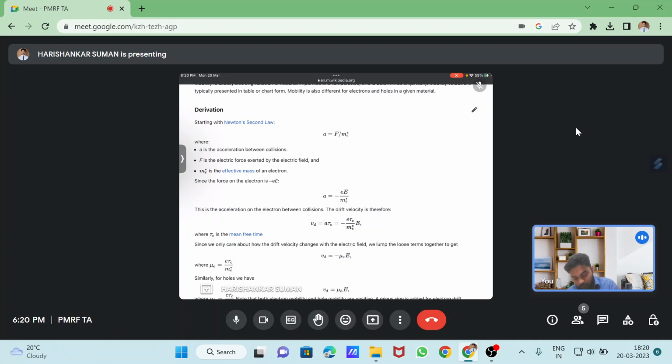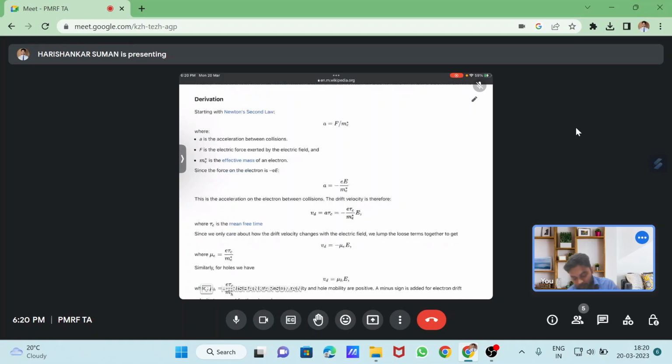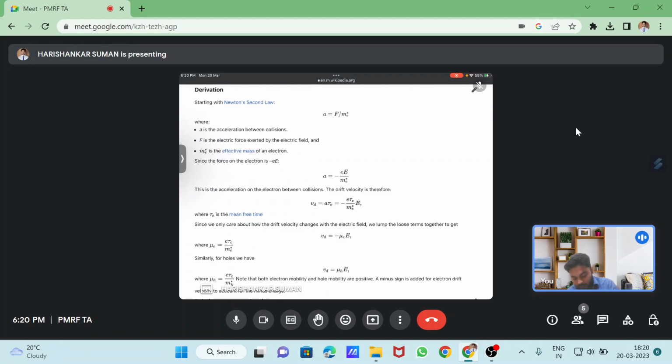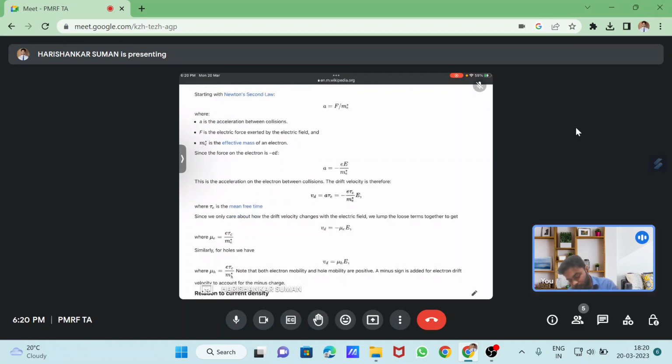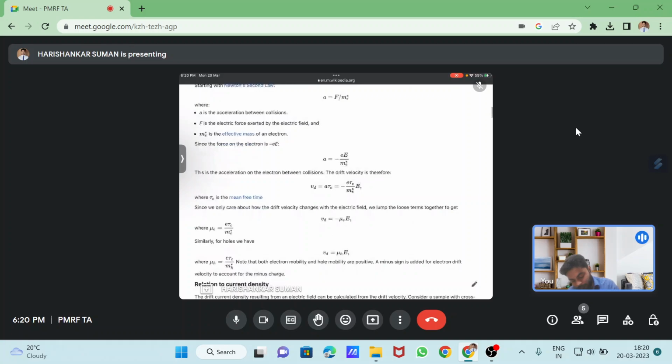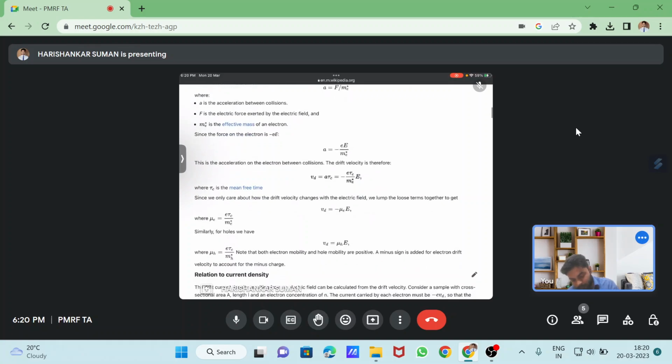So what will be the value of mobility? Please compare: mu = e tau_c/m, where m is the effective mass of the hole or electron.